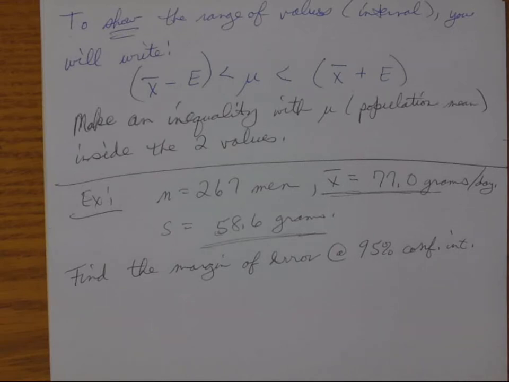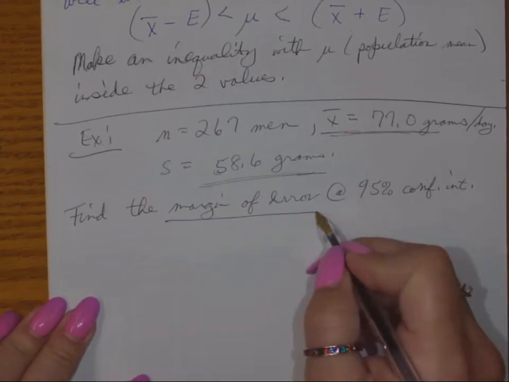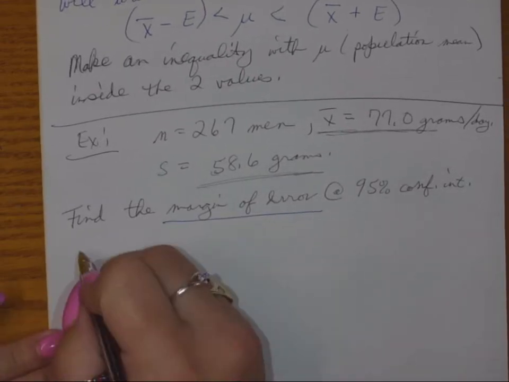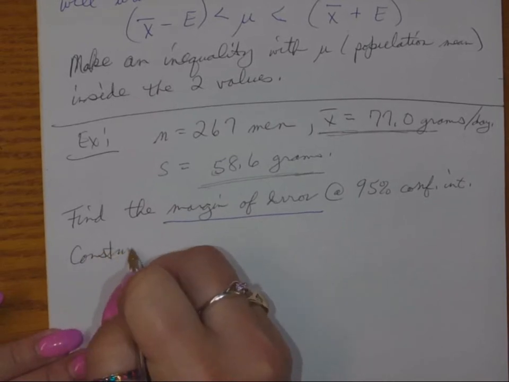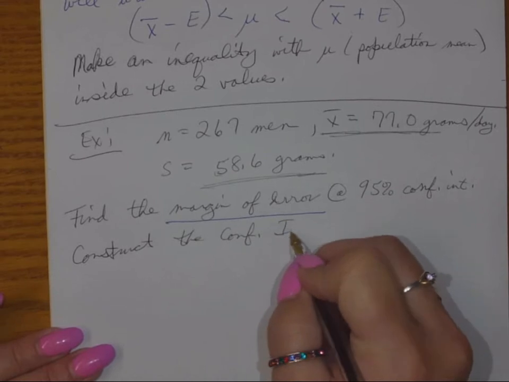How does this interval compare to the recommended daily protein intake for men from 55 to 60 grams? So here's what we need to do. We need to find the error, that's the first thing it says. Find the margin of error, and then construct the confidence interval.